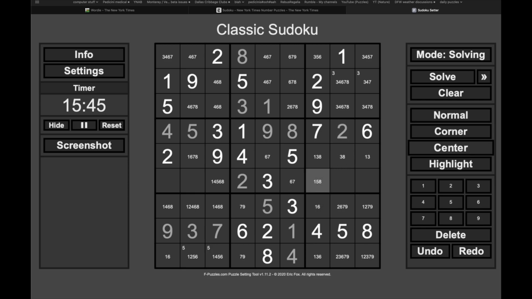Let's see, this is not 6. A 4 and a 4 here point to a 4 in one of these spots. A 5 here and a 5 in the middle row point to a 5 in one of these spots. So these two must be a 4-5 pair, and this one can't be 5.